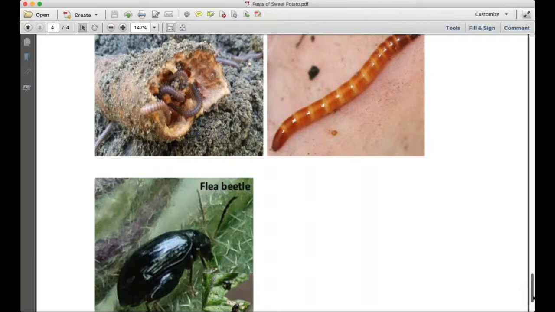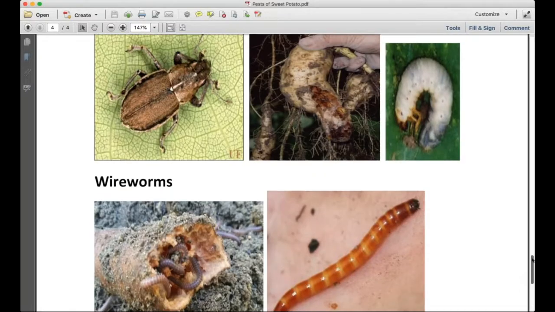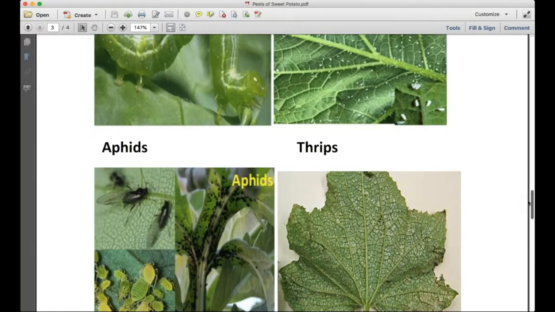One of the literature papers indicated it like a cutworm too, because the grubs chew on the roots and drastically influence the crop. So the adult can feed on the upper foliage, whereas the grub can feed on the root, significantly impacting the yield. So these are some of the common insect pests I thought to highlight in sweet potato.